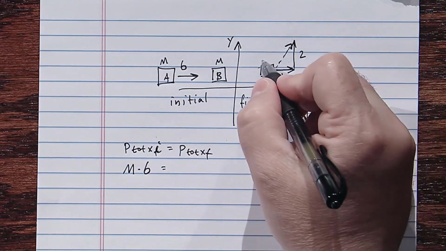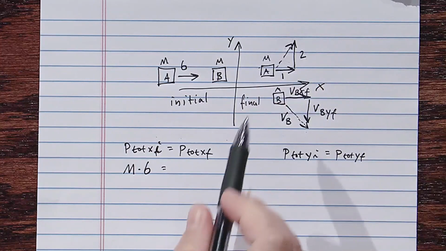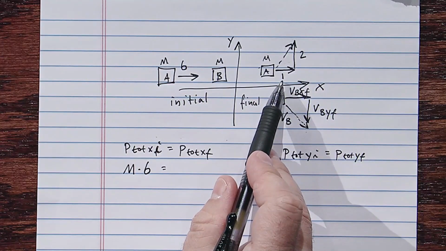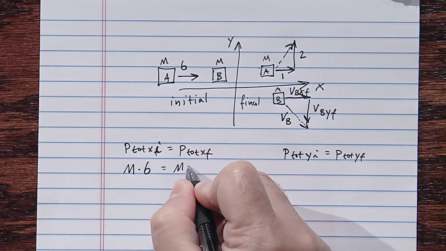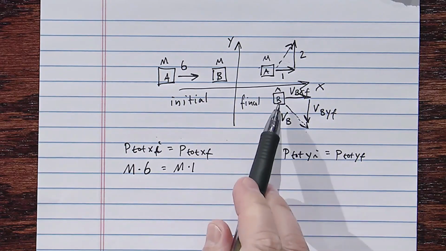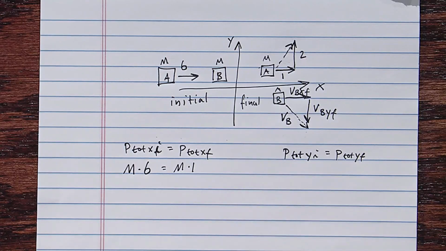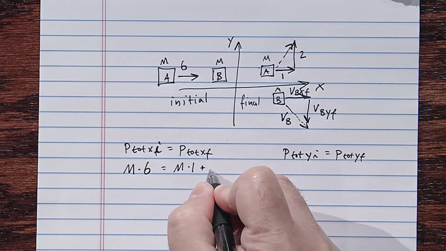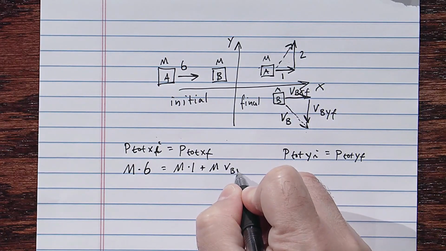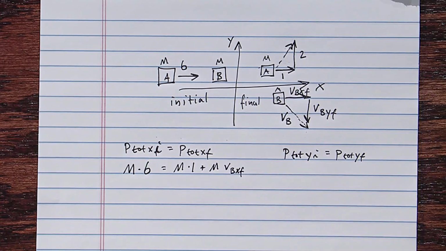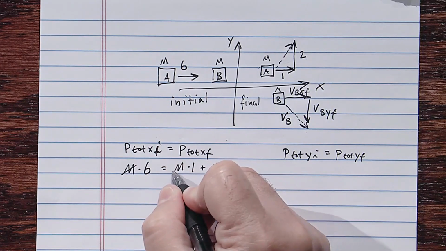Well, body A has a mass of m, so in the end it's moving at 1 meter per second in the x, so that would be m times 1. And then body B also has a mass of m, so it'd be plus m times V_B_x final. Notice that everything is multiplied by m, so we can divide everything by m, and that will cancel out the m.